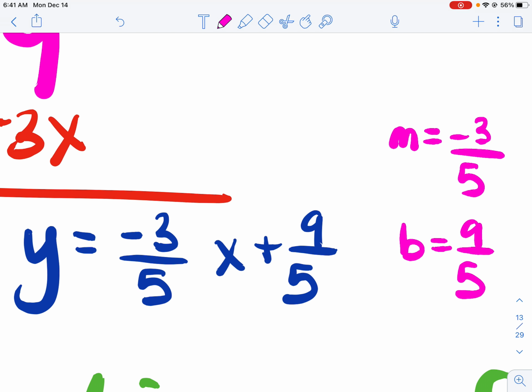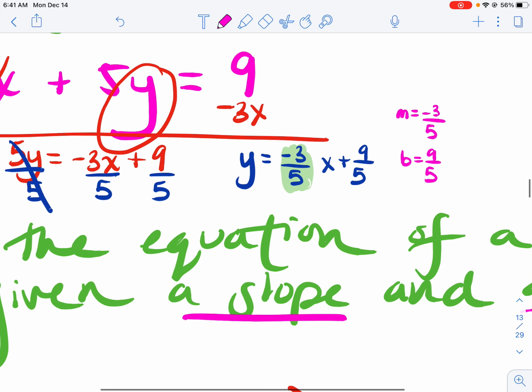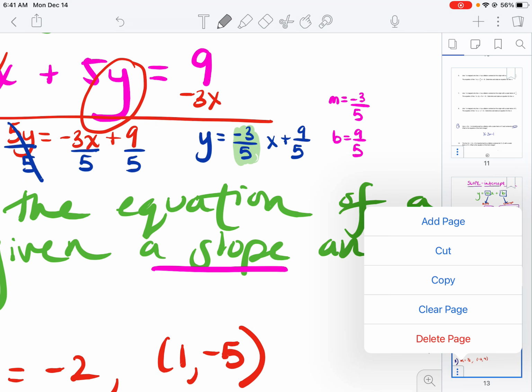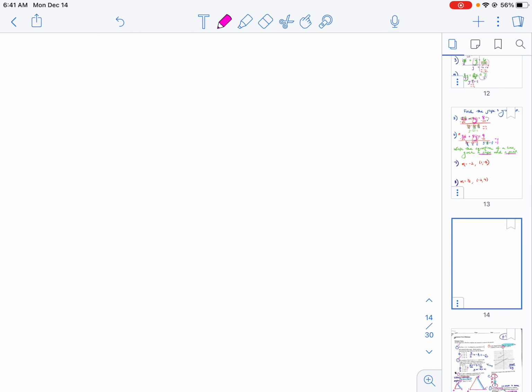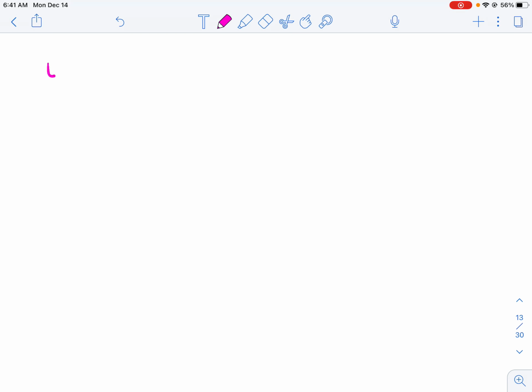Yeah. And then just a reminder, guys, we talked about this in our video yesterday. If I was to ask you to write a line that's parallel to this, you guys just follow along with me in your notes here. We had y equals negative 3/5 x plus 9/5.